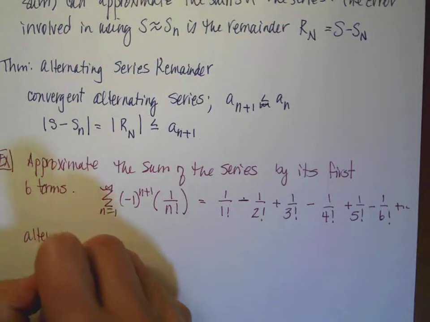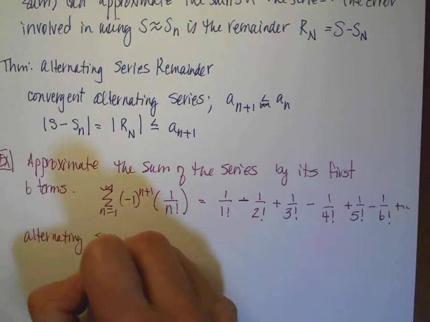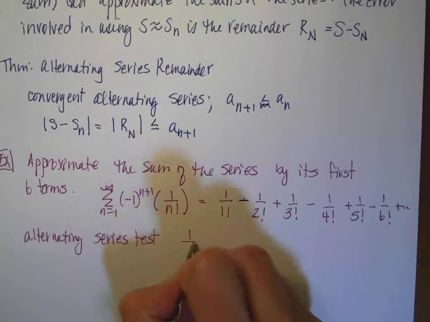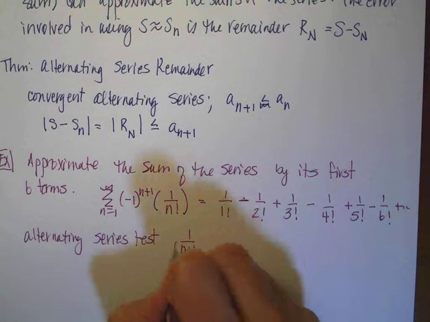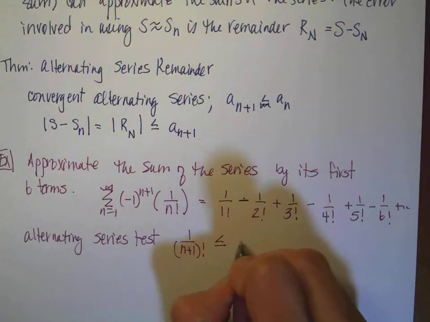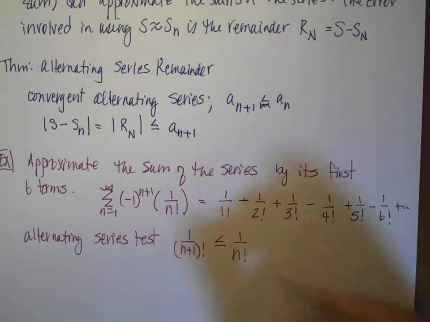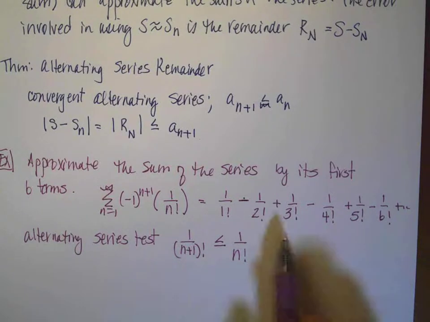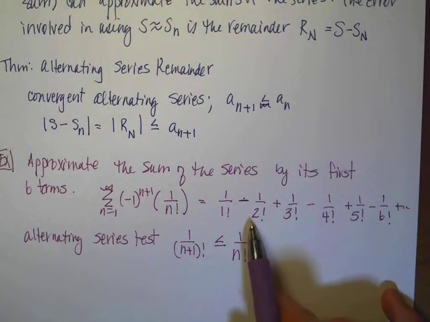And so we're going to use our alternating series test before we can use this process. So I'm going to do 1 over n plus 1 factorial. So this would be a sub n plus 1. And I'm going to show that it is less than or equal to 1 over n factorial. Okay, so this we know to be true because we can see it right here.